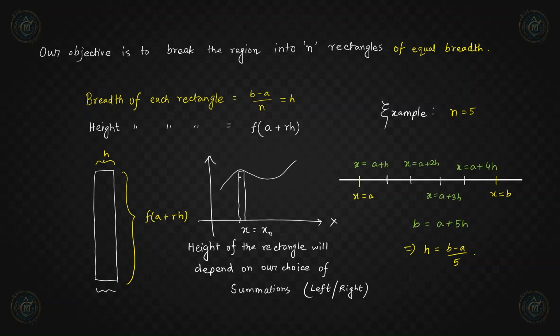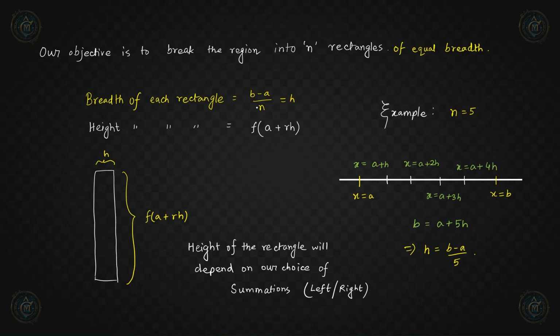Okay, so starting from this vertex, we either move left or move right. Okay, so we can actually have two kinds of sums that we will discuss later. So if I move from this vertex towards the right hand side, I get this rectangle, right? So what will be the length of this rectangle? This rectangle length will be simply, we can say, f of x naught, because this is the curve y equal to f(x). Okay, so this is the concept.